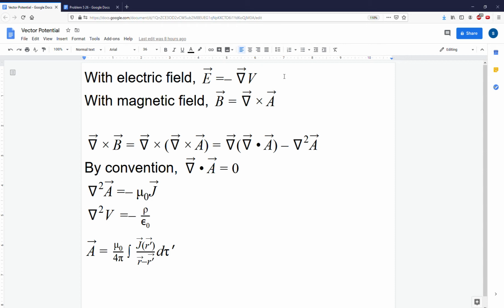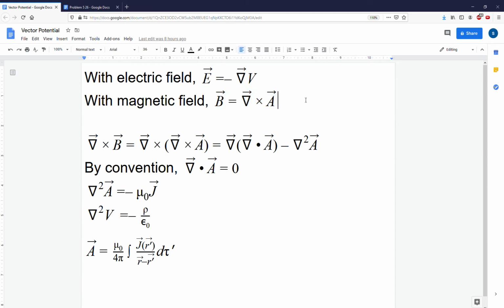For a magnetic field, the divergence of B is zero, and so it can be described as the curl of some vector function, which is usually called A. This vector function is very analogous to the electric potential, so it is often called the vector potential.